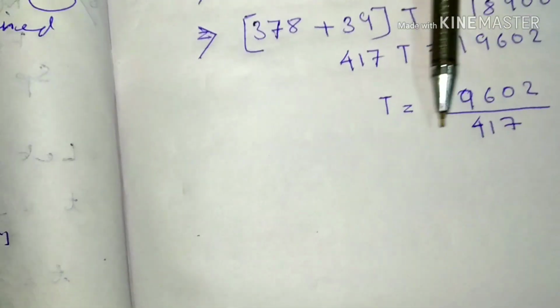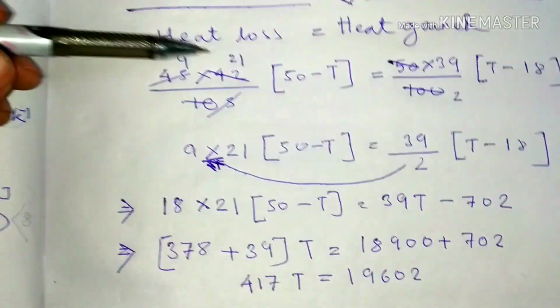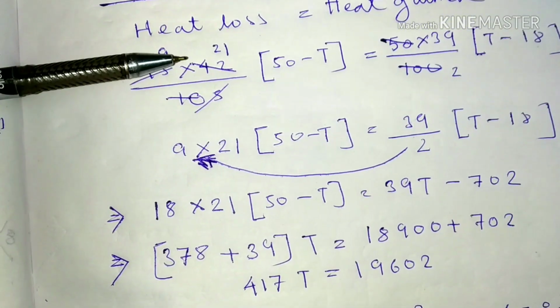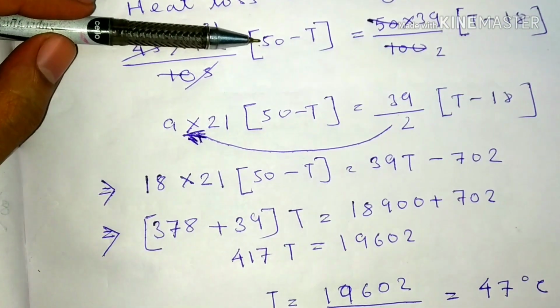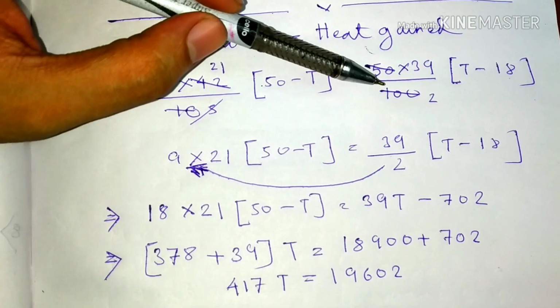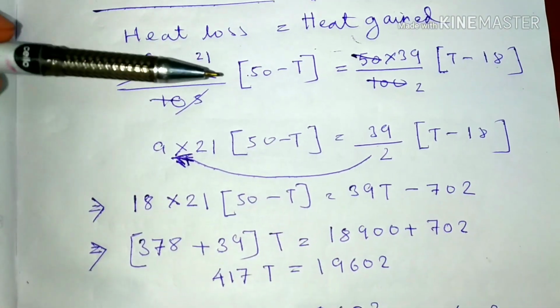Heat lost is equal to heat gained: 45 into 42 by 10, bracket 50 minus T, equals 50 into 39 divided by 100, bracket T minus 18.